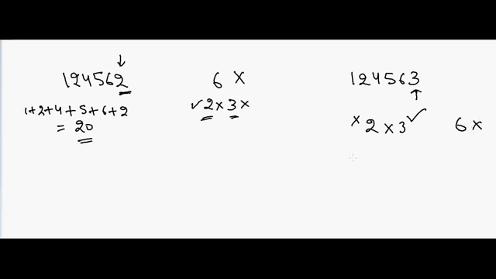Another modification we can make is to add another 3 here. If I have 1 2 4 5 6 6, then this is even, and the sum will still be divisible by 3. It passes the test both for 2 and 3, so therefore it should be divisible by 6. So that's how we do the test for divisibility by 6.